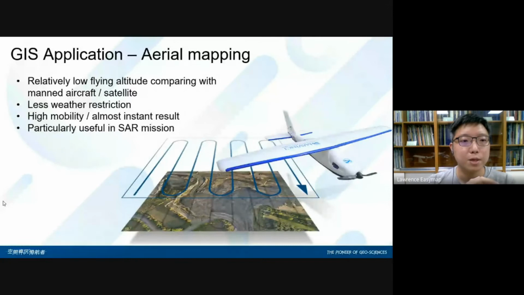Yes, as I mentioned previously, compared to manned aircraft or satellite images, a UAV can fly at a relatively low altitude, which means it is less restricted by the weather. For example, on cloudy or rainy days, a UAV can still fly in a relatively unrestricted situation and take those pictures.